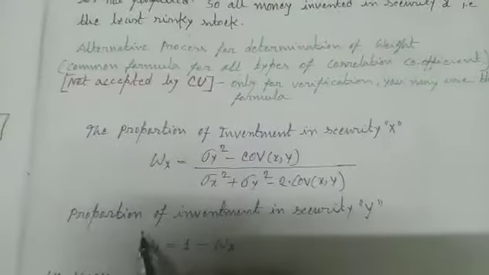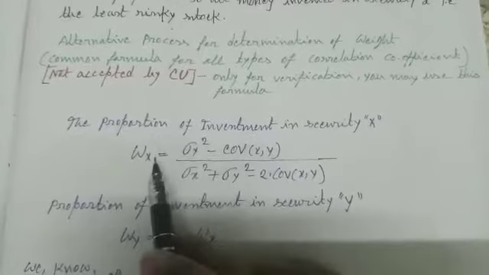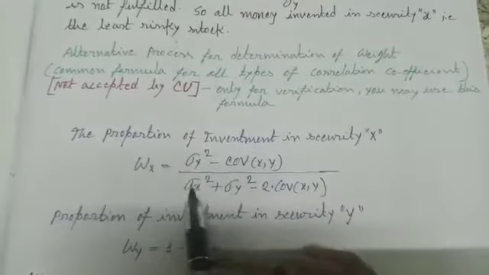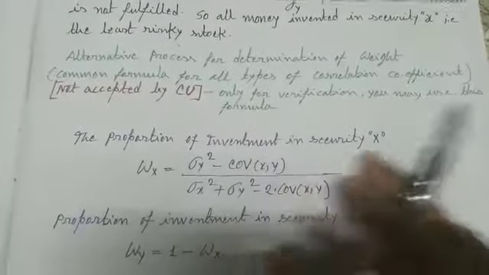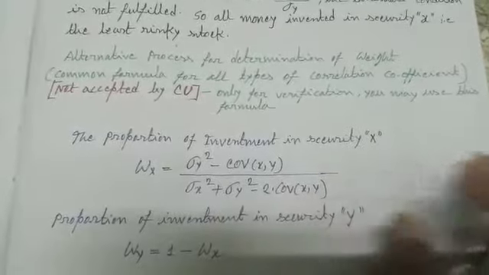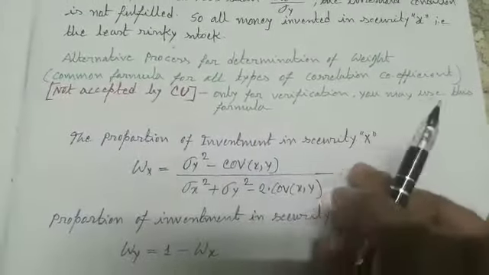Now, the proportion of investment in security Y, that means Wy, is equal to 1 minus Wx. First, we have to determine the weight of security X by applying this formula, and this formula is common. That means this formula is to be used in respect of all the situations, so this will be taken as the common formula.